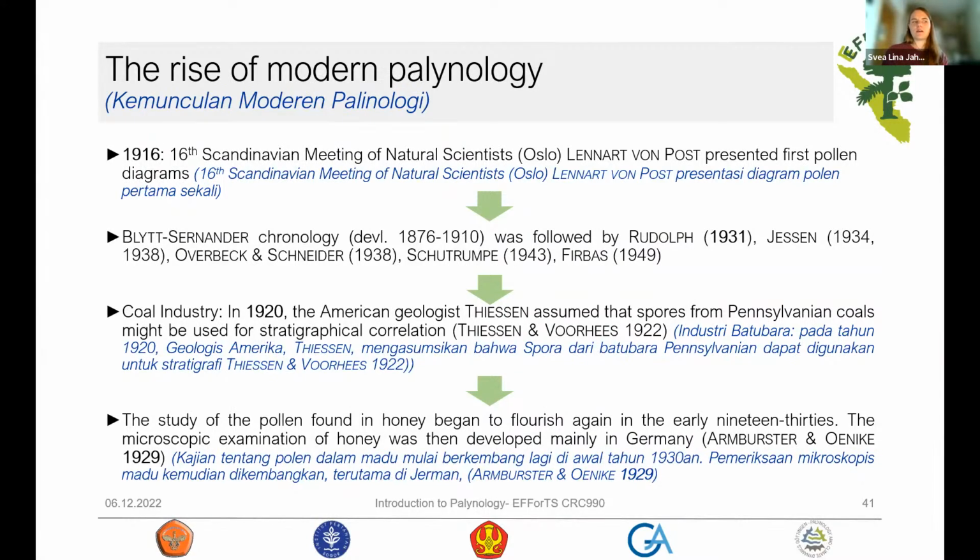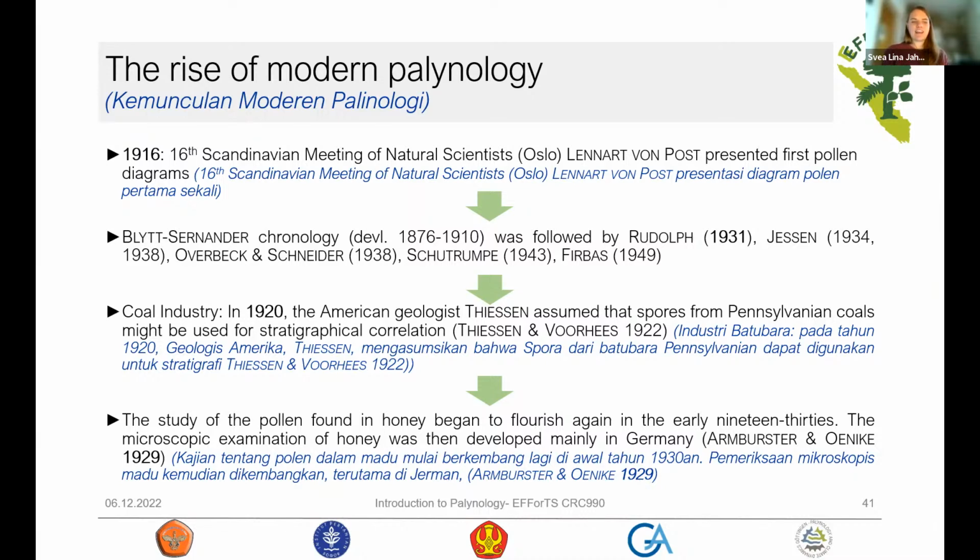So actually the time frames that we find in our pollen diagrams and how they are classified were developed mostly by Blitz Sernander. But then Rudolf, for example, came after the Scandinavian meeting of natural scientists and produced more detailed chronologies, especially for trees in Europe, for the different phases of trees after the glaciation.